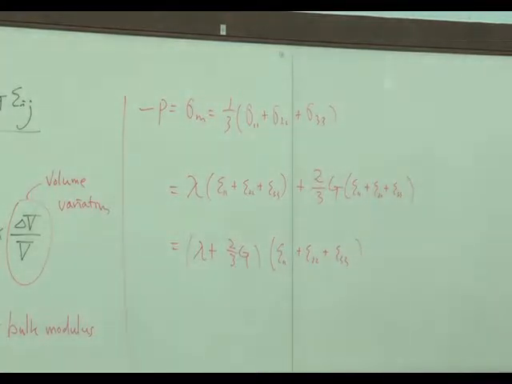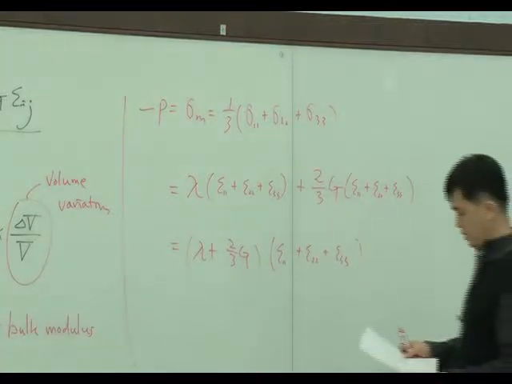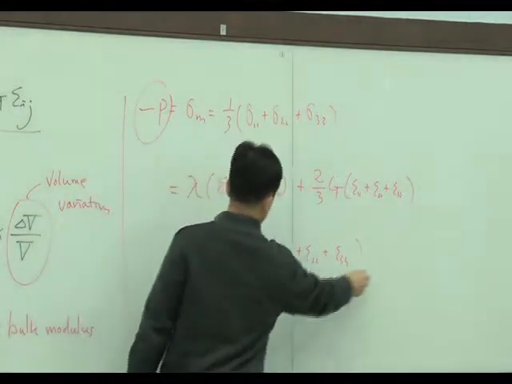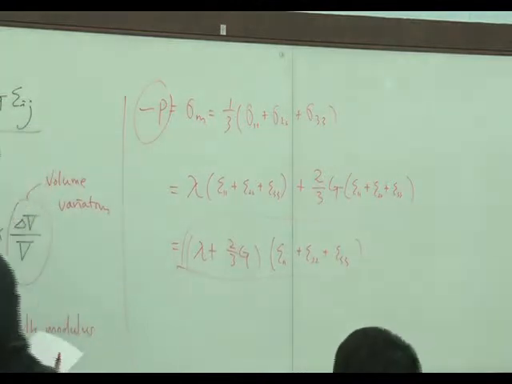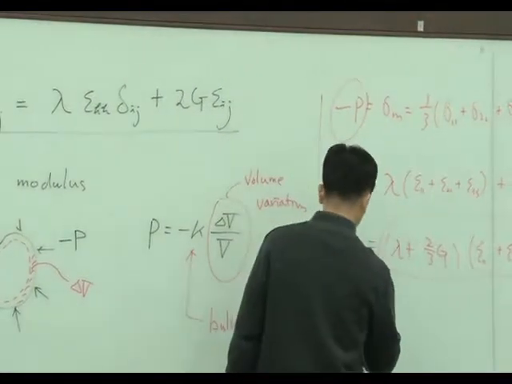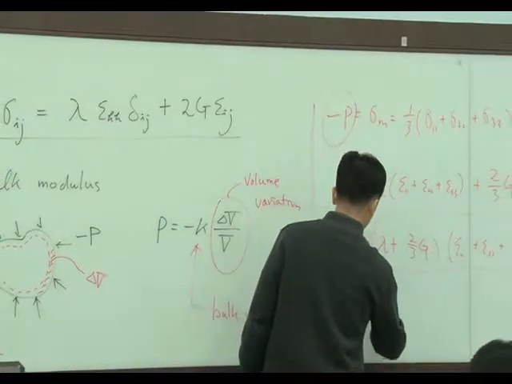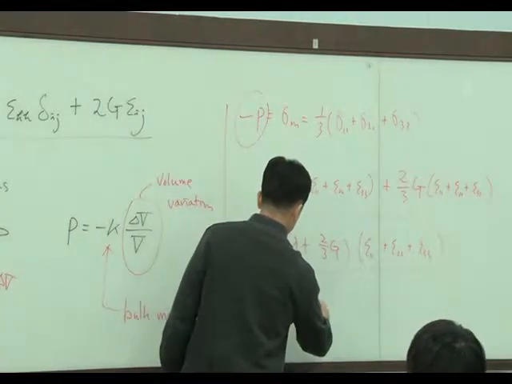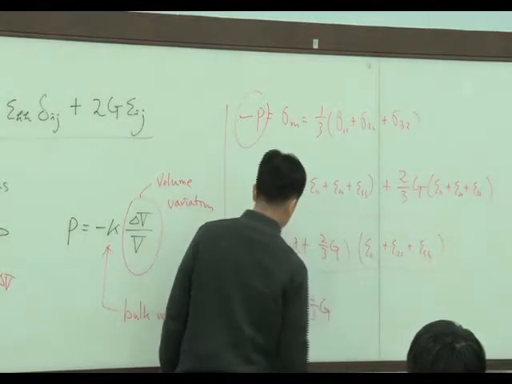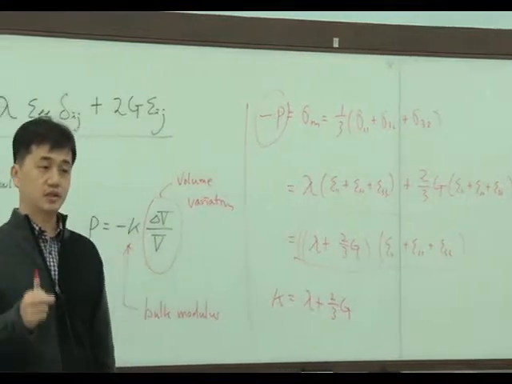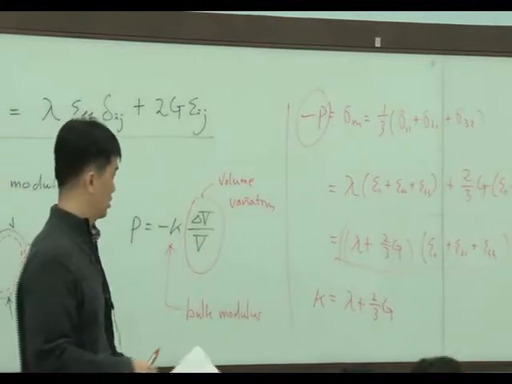So finally we can have an equation. Let's compare this part and this part with this equation. So K equals lambda plus 2 over 3 G. So this is the relation between bulk modulus and lambda and G.